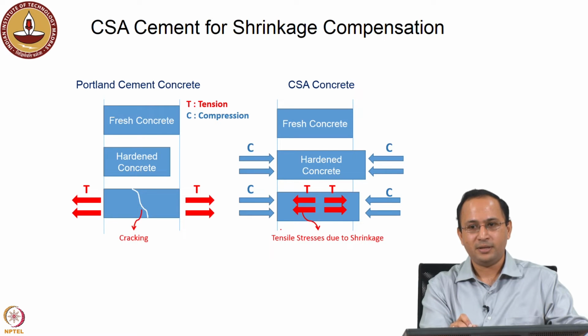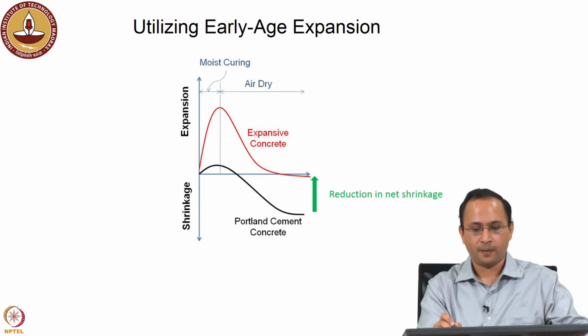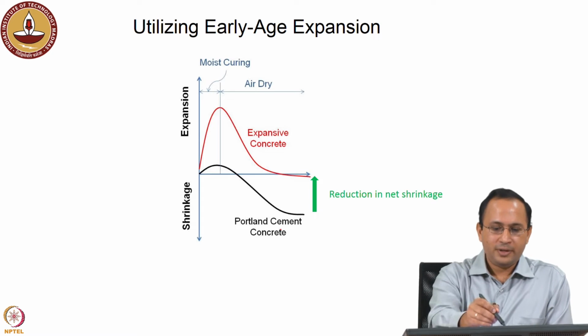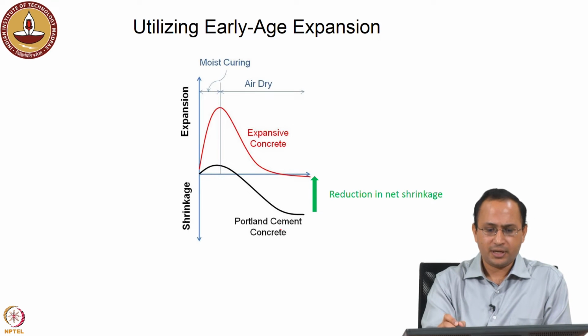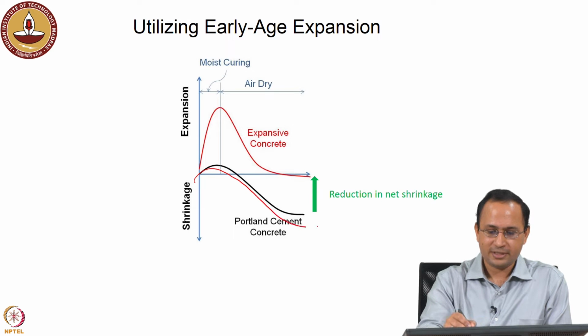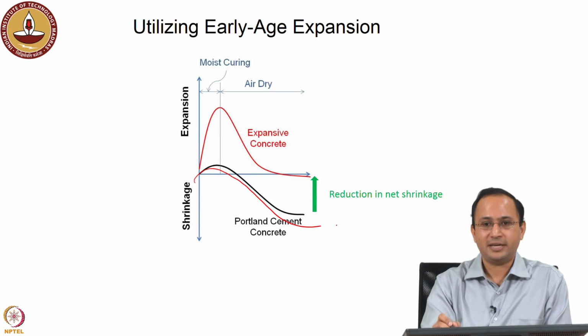So, here what I mean is, in a self-stressing system, as in earlier slides, you have a residual compression, or the level of compression will be higher than in just an expansive system. Now, if we look at this typical shrinkage versus time plot, in Portland cement we see some level of shrinkage, right, could be 500 to 600 microstrain depending on the drying condition.